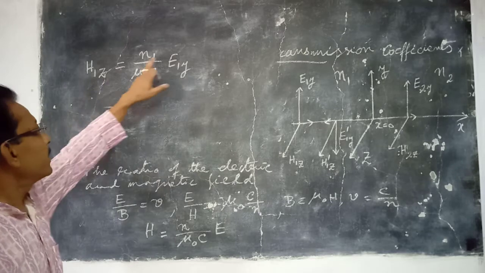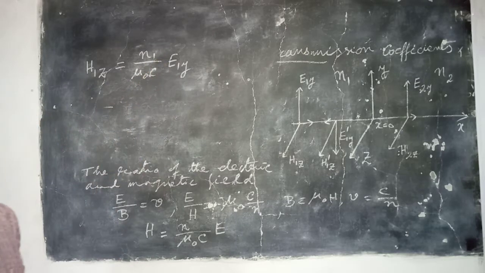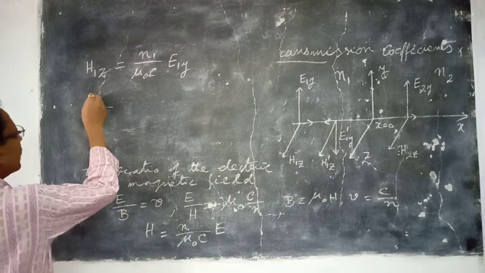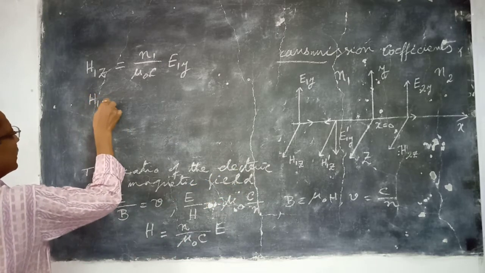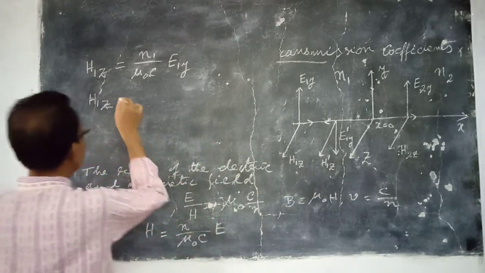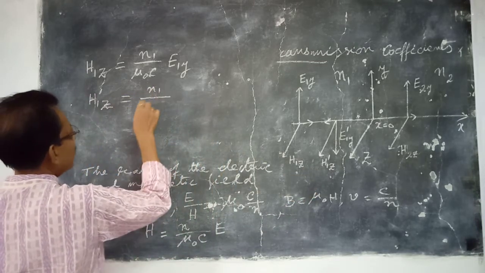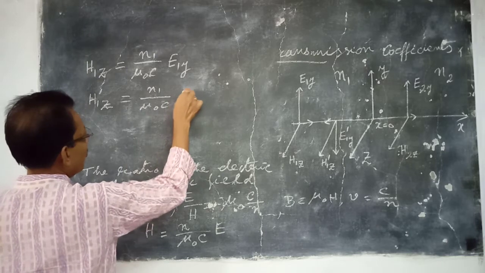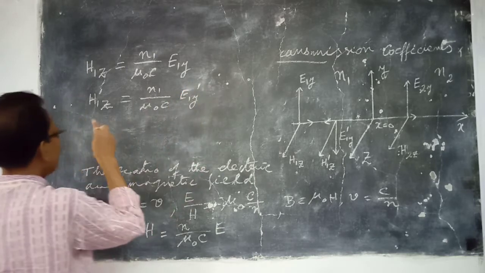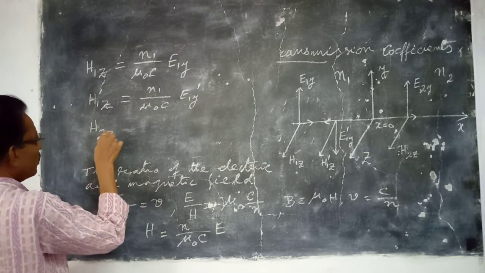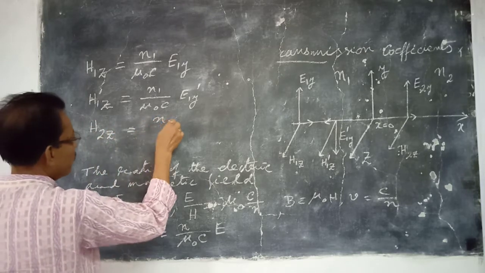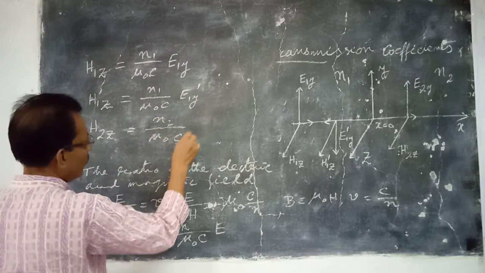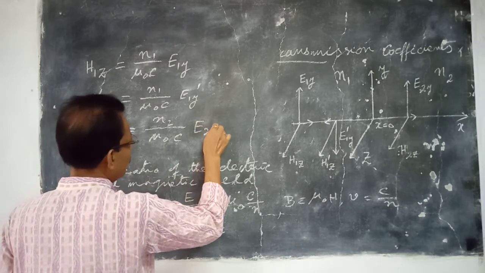Similarly, H1z prime for the reflected wave is n1 by mu 0 C times E1y prime, and H2z is equal to n2 by mu 0 C times E2y.